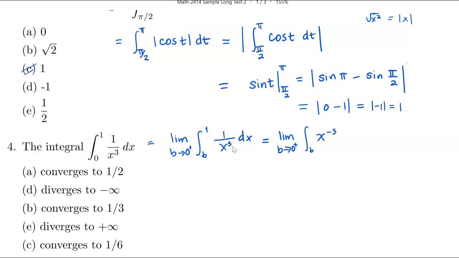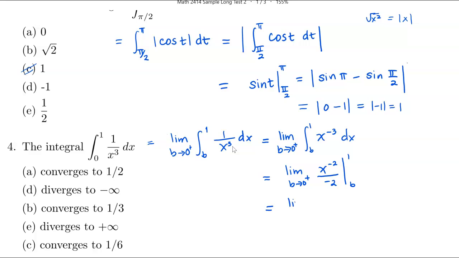Copy the limits of integration. The integral of x to the negative 3 is just x to the negative 2 over negative 2. Evaluate that from b to 1. Copy the limit, limit b approaches 0 plus. And then plug in values.